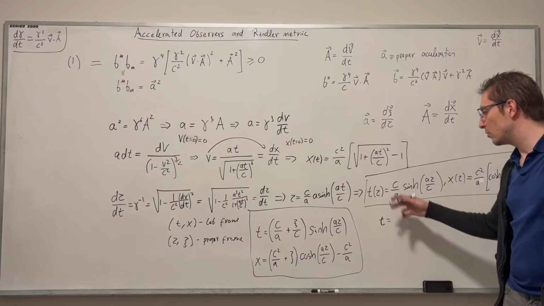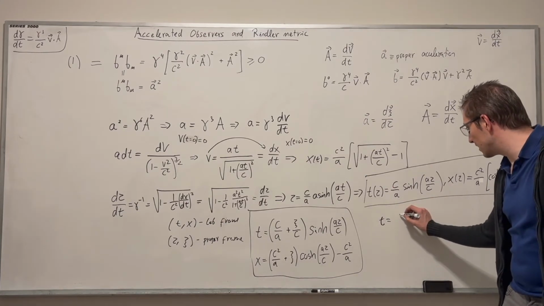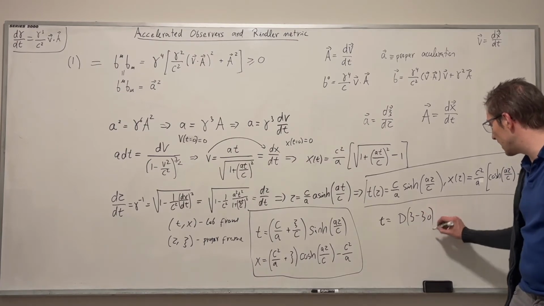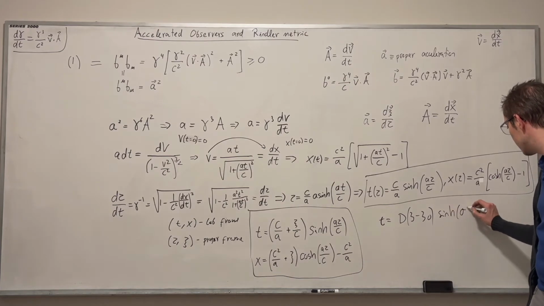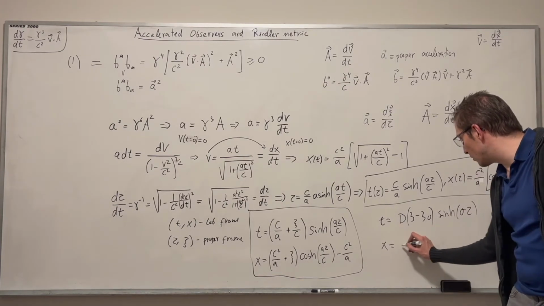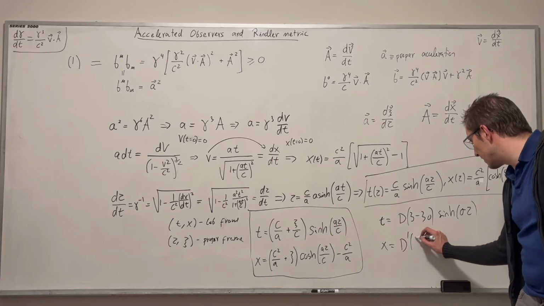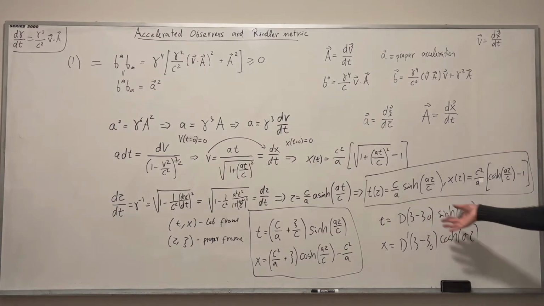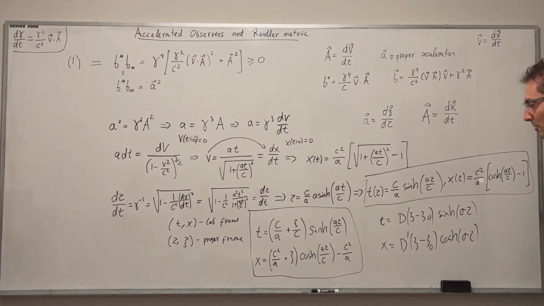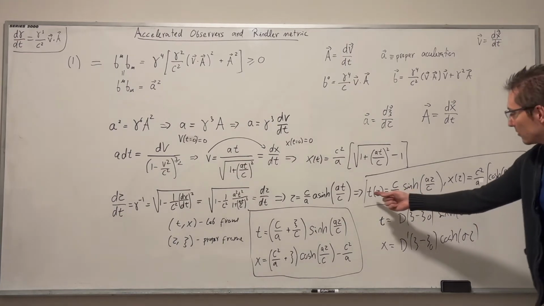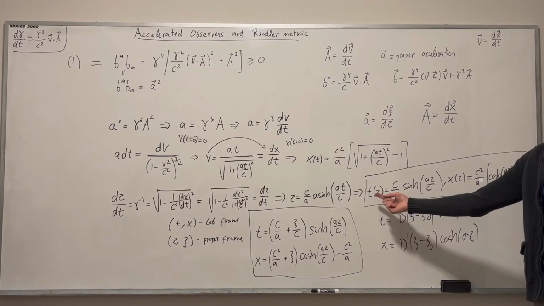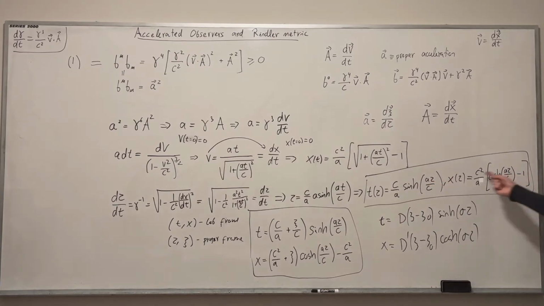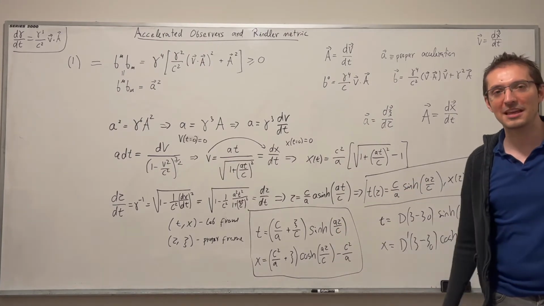So t is equal to, let's say, a constant d times xi minus xi 0, something like that, and then sinh of sigma tau. And x is equal to some constant d prime times xi minus psi 0, times cosh of sigma tau. That's a generic hyperbolic change of coordinates that will make the axes hyperbolas. And you adapt it so that it reproduces the trajectory of the psi equals 0 axis, right? The time axis is given by this, and this is the only possible solution. That's how you obtain it.